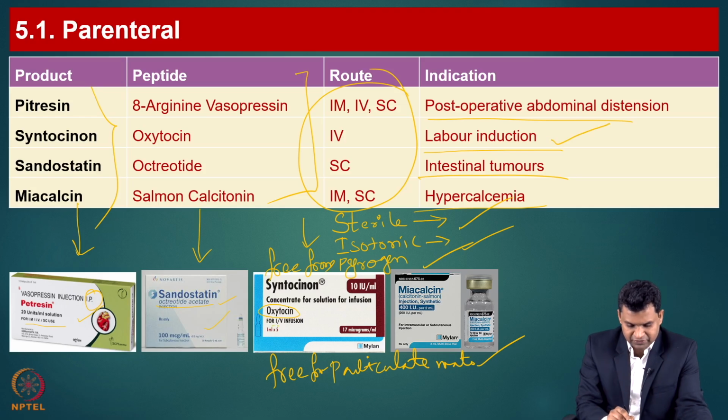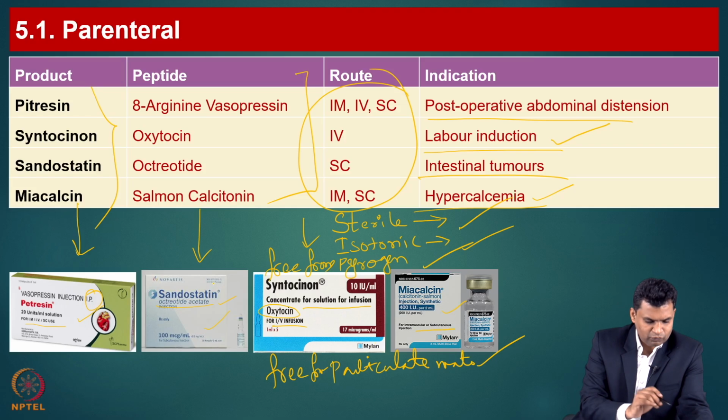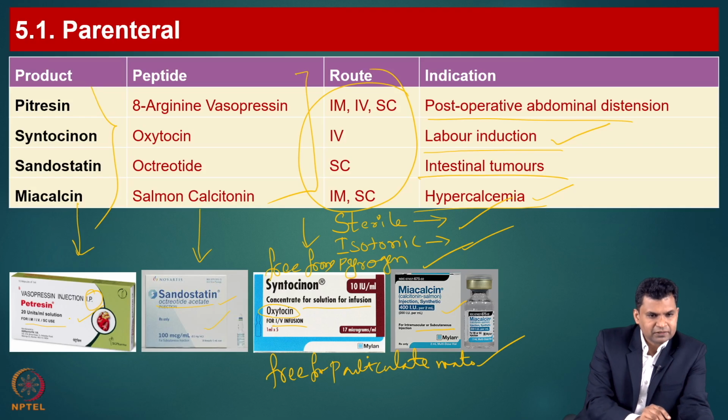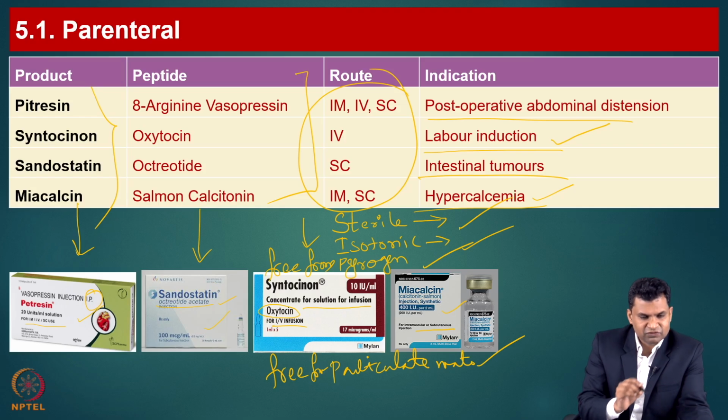It can be given intravenously, and can even be given in infusions. Similarly, we have salmon calcitonin that we use for hypercalcemia. It comes in 400 IU, and again can be given by the intravenous and subcutaneous route, from Mylan, and this also from Mylan and Novartis, and this one is from SG Pharma company.